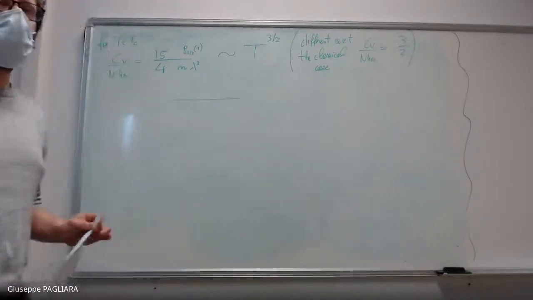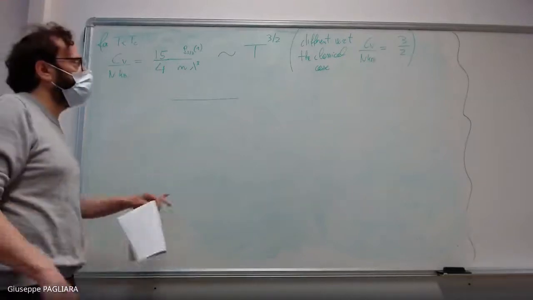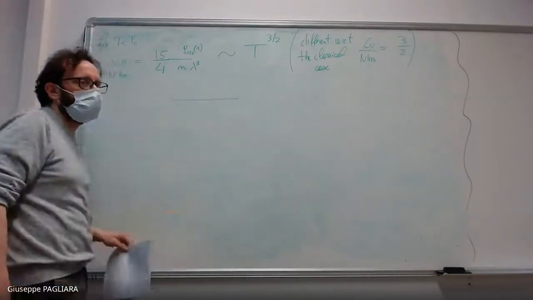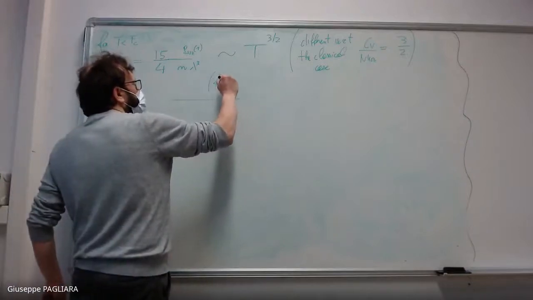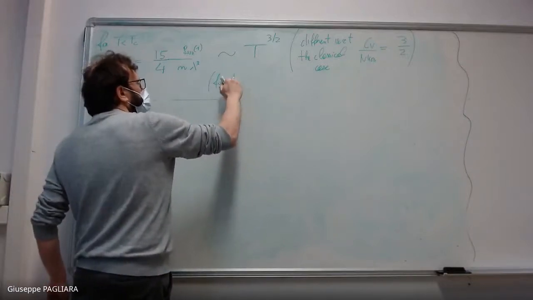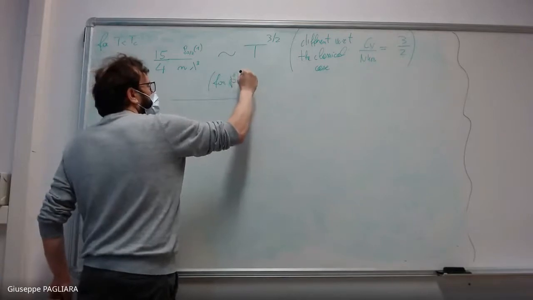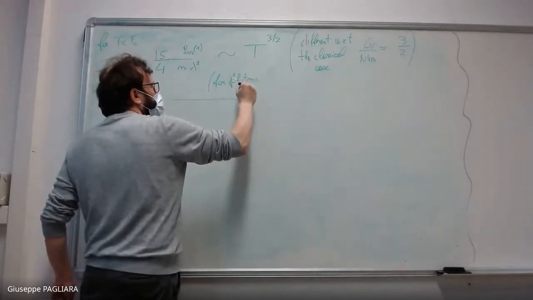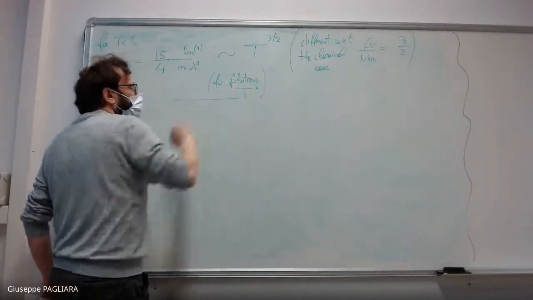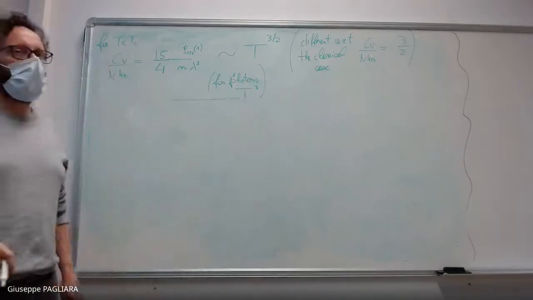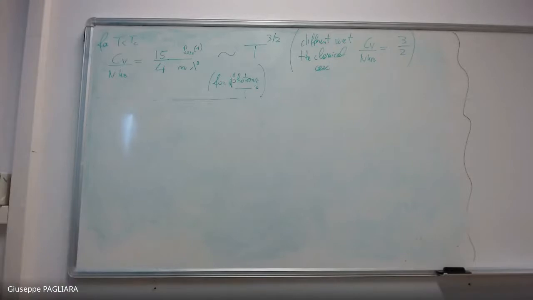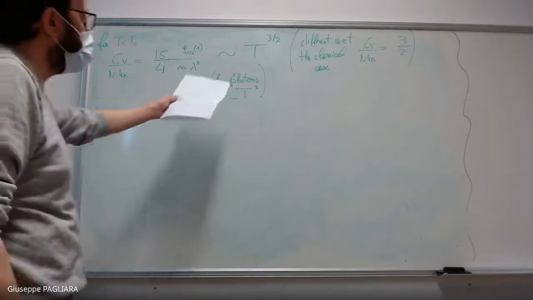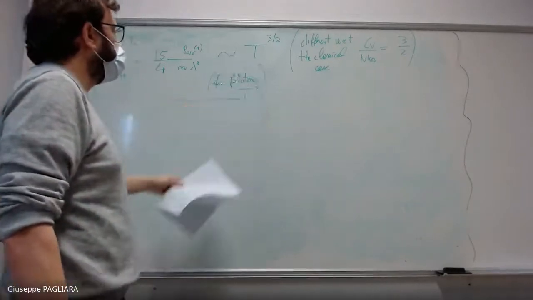For massless particles, so for photons, do you remember which is the scaling of specific heat? For photons it scales as T to the power of 3. Whereas for massive, non-relativistic particles, as the ones we are considering, we have the scaling T to the power of 3/2.